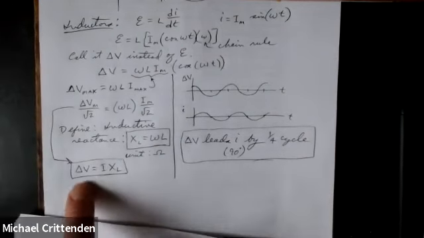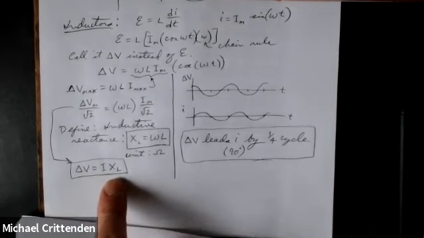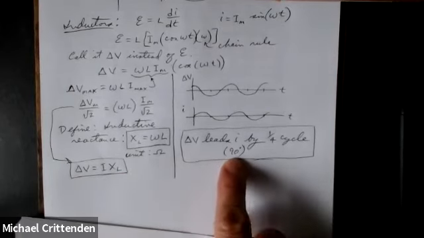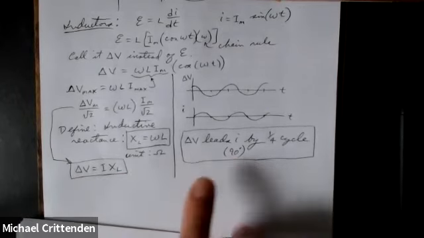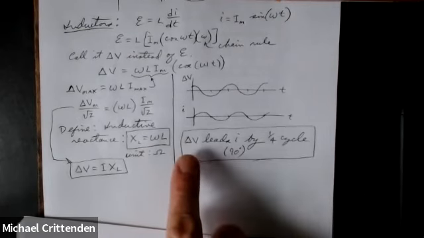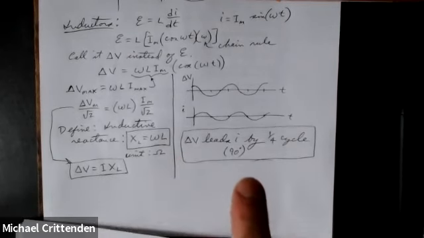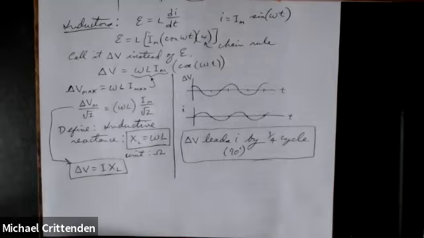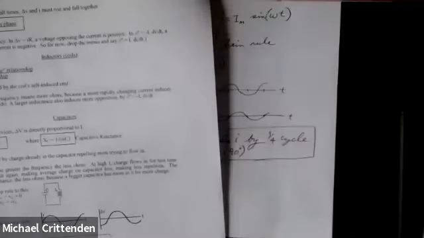Once again, you're going to have volts equals current times a capacitive reactance. And once again, there's going to be a 90-degree phase difference, but it'll be the other way around. With a capacitor, the current leads and the voltage lags. And that's all for now.